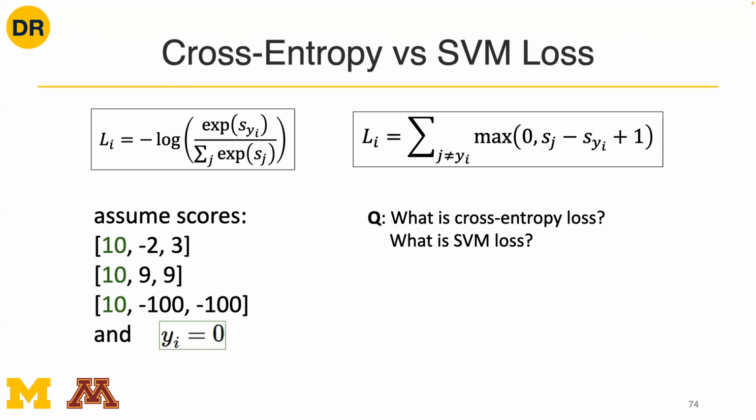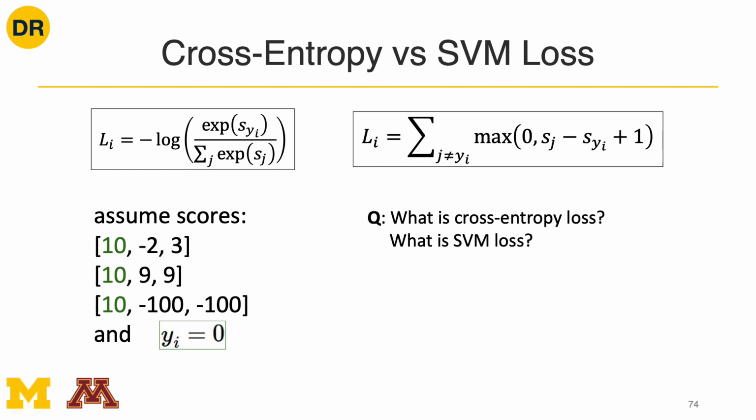Let's assume that we have this set of scores shown on the left-hand side, and we want to compare and contrast these two losses. What we're showing is three separate examples. For the sake of time, let's step through these.